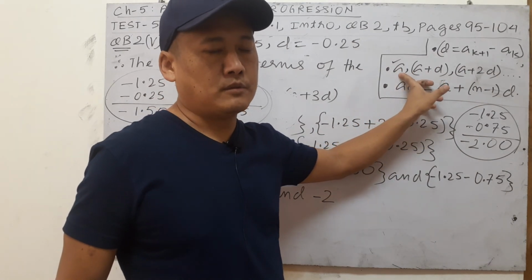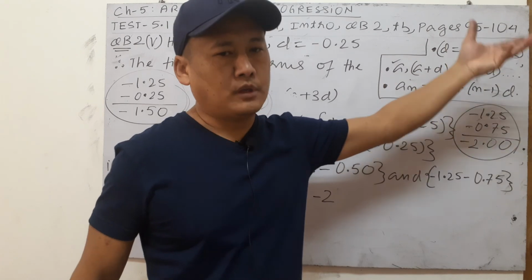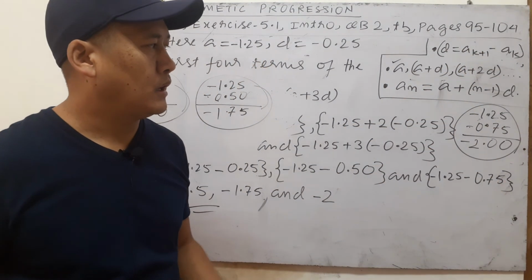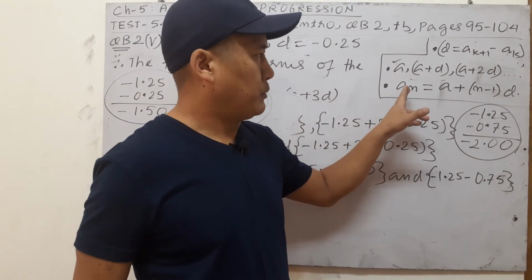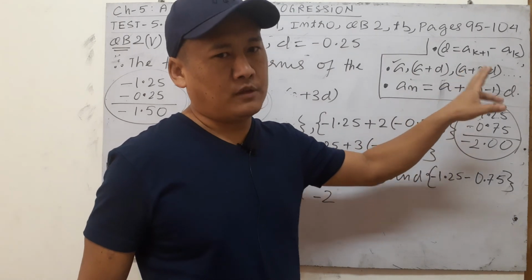Then if a and d are given, we can easily find the members of the series by this formula: a, first term, second term a plus d, then a plus 2d, a plus 3d, keeps on going till as much as we want. And the nth term of an AP can be found by the formula a_n is equal to a plus (n minus 1) into d.